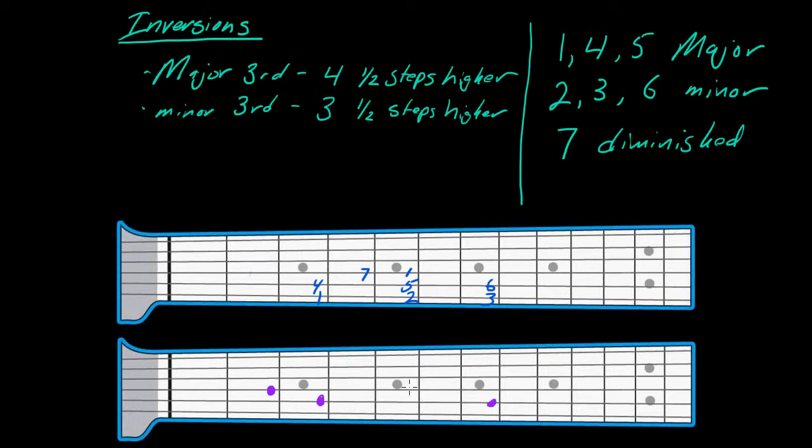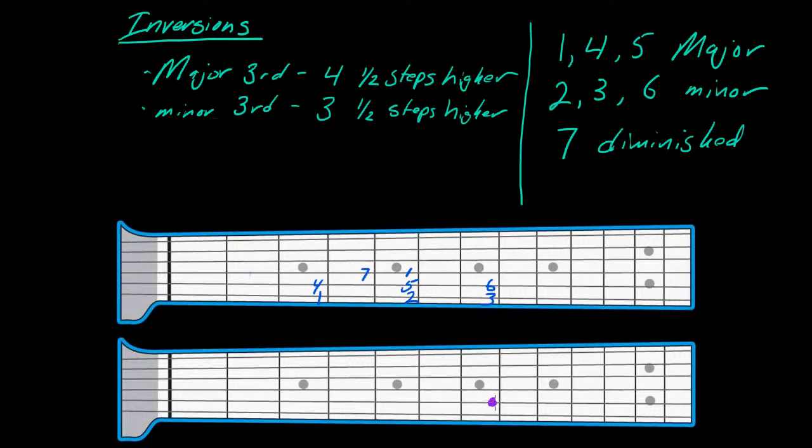And then you play the minor pattern instead of the major. 5 is a major. Go up 4. You play the opposite, which is the minor. Like that.